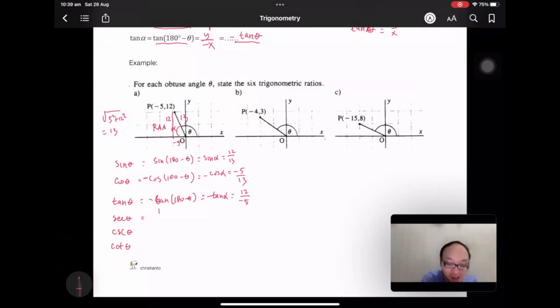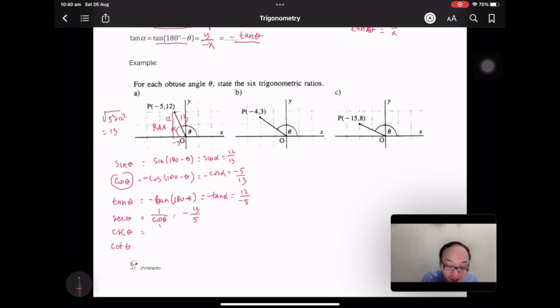Secant is 1 over cos theta. So this will equal negative 13 over 5, the reciprocal of cos theta.